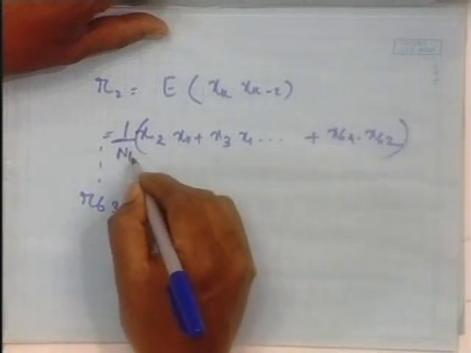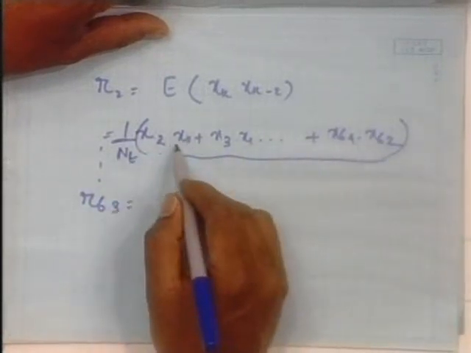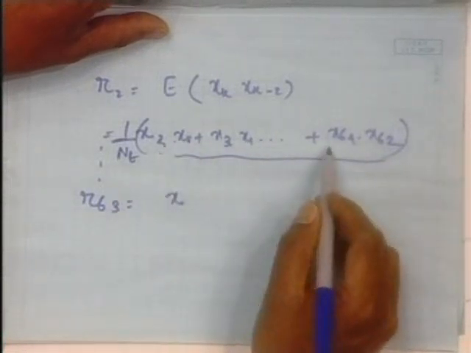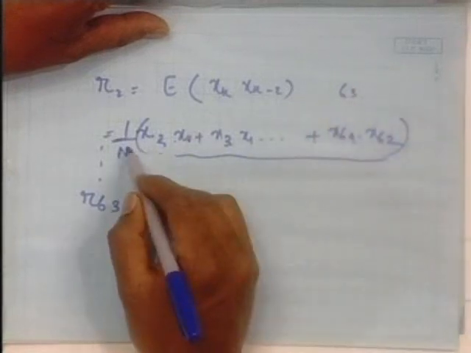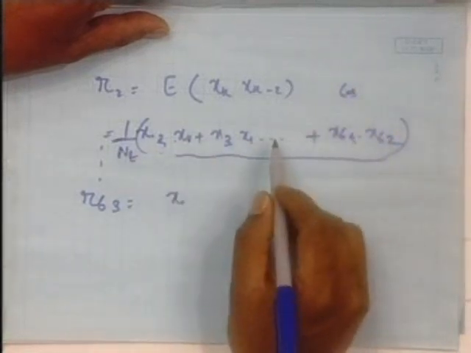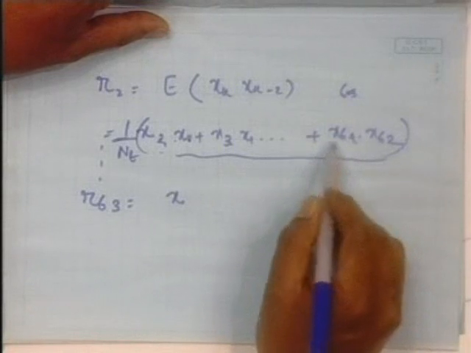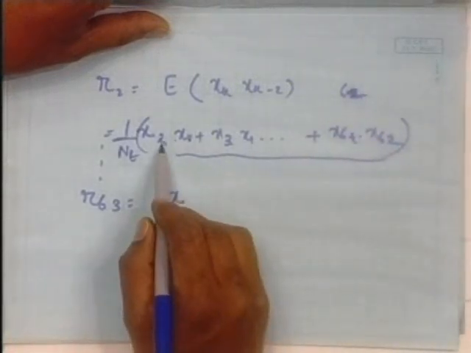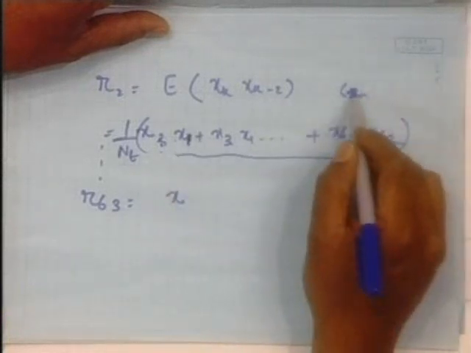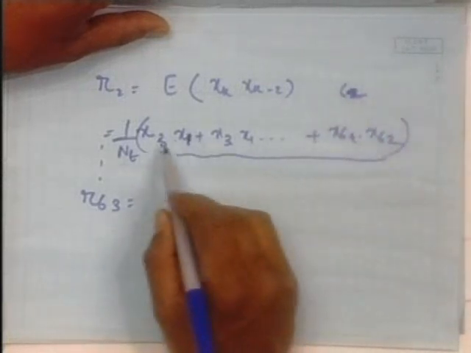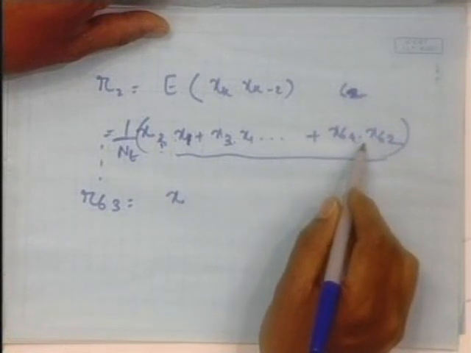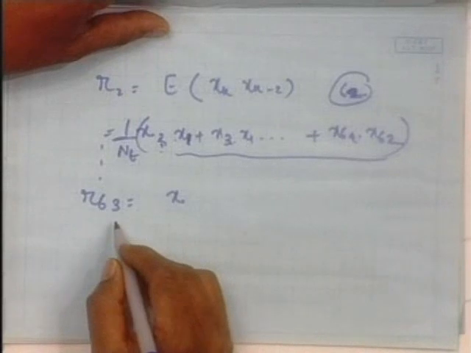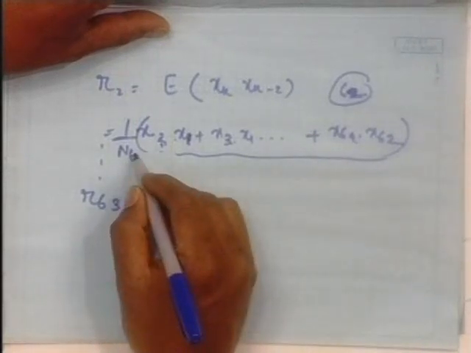Let us count how many there are: x2 x0, x3 x1, from 2 to 64, so that is 63 samples. Starting from x1, the samples run from 1 to 62, so 62 samples will be there. So for R2 the number of terms is 62.